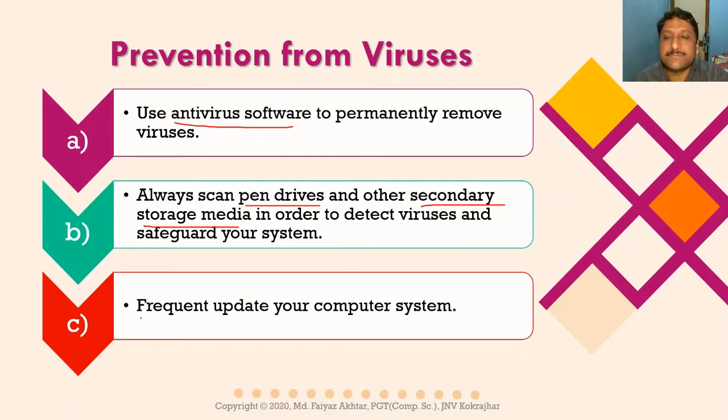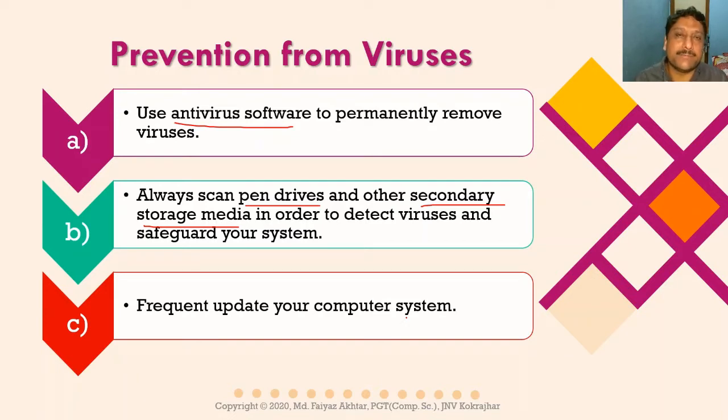Next one is frequently update your computer system. Use original software, and these softwares are given with security updates, patches, and regularly update those patches. As we update our softwares or apps in our mobile, the same settings are given for computers also.